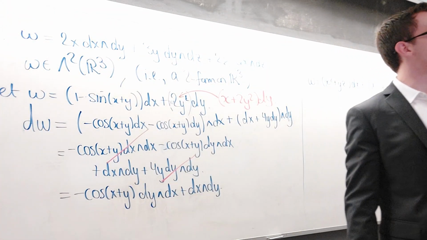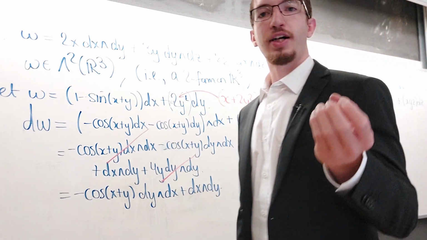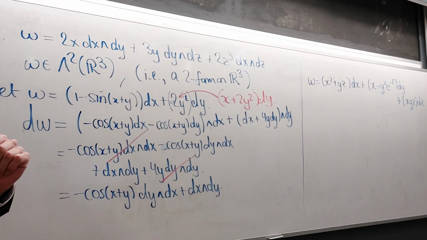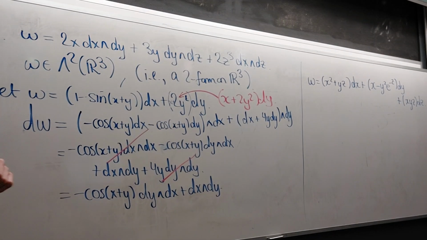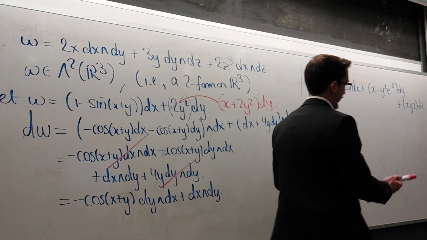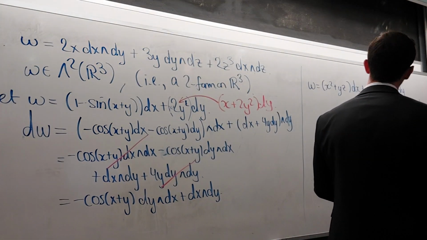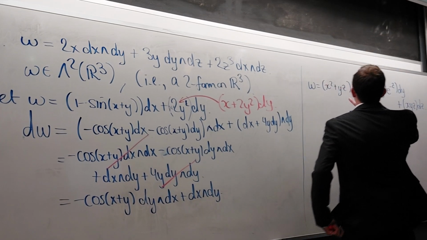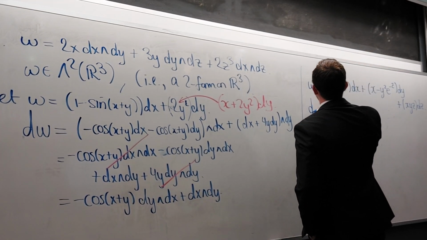So two forms aren't associated to vector fields. One forms are associated to vector fields. You'll get used to that. You're going to do it every day for probably the rest of your life. Okay, let's compute its exterior derivative.